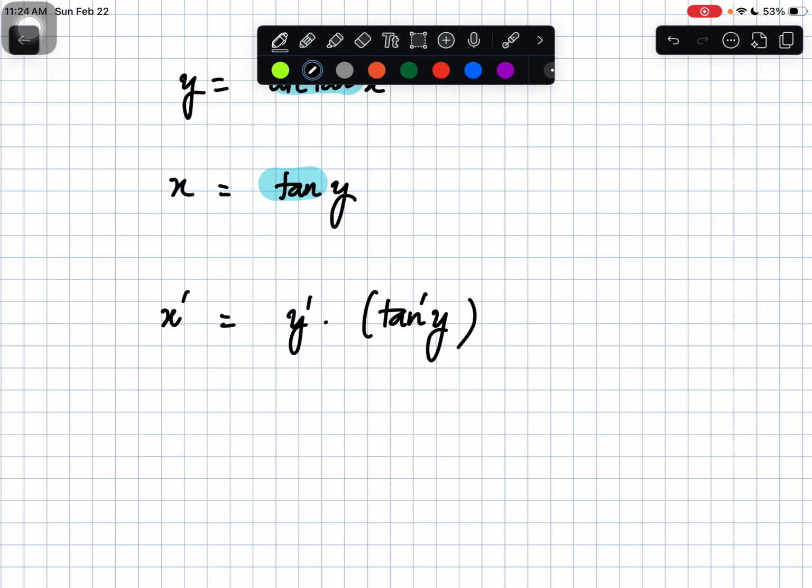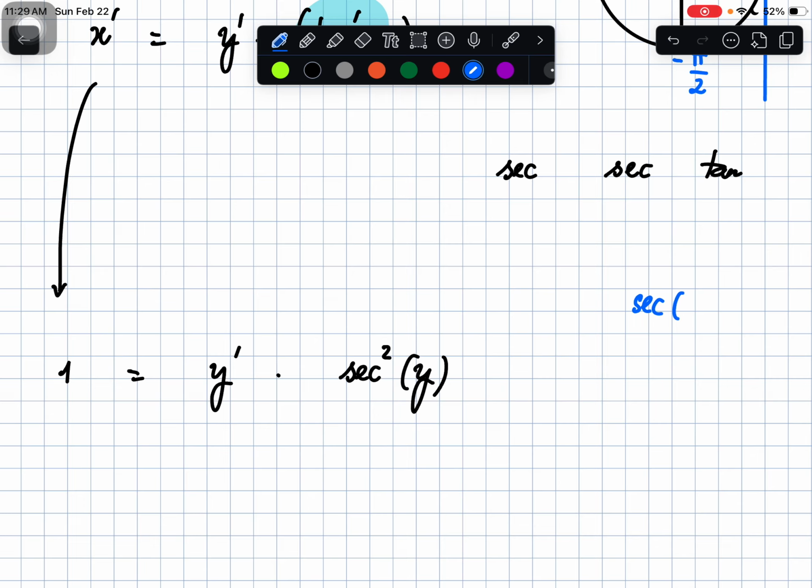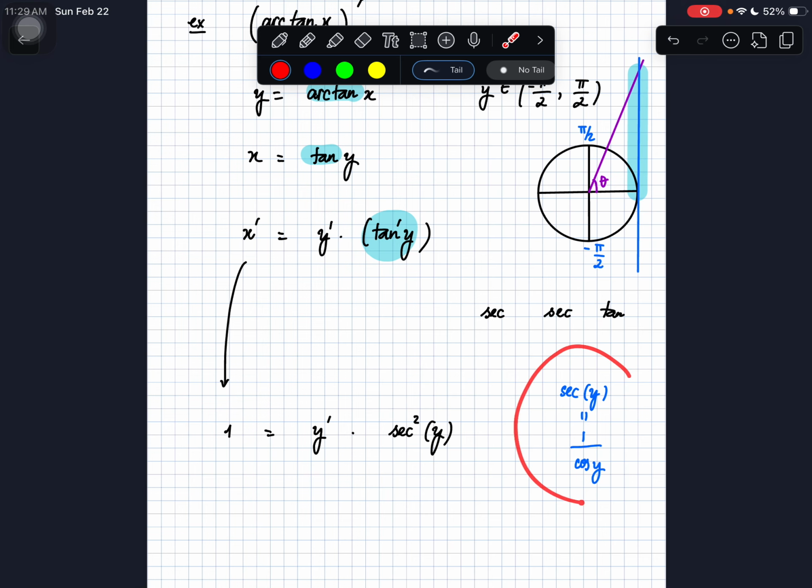Tangent prime is secant squared. The derivative of tangent of y is secant squared of y. So on the left hand side you have x prime equal to 1. On the right hand side you have y prime times secant squared of y. Secant of y is 1 over cosine of y, and this one is always non-zero.